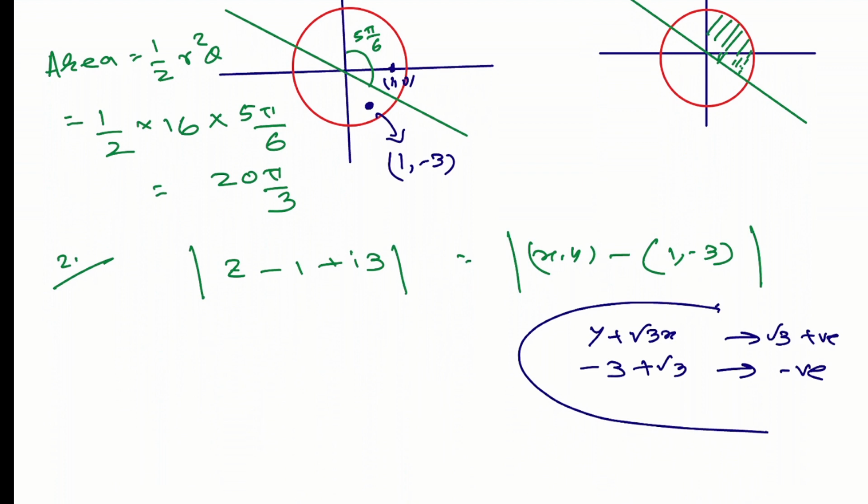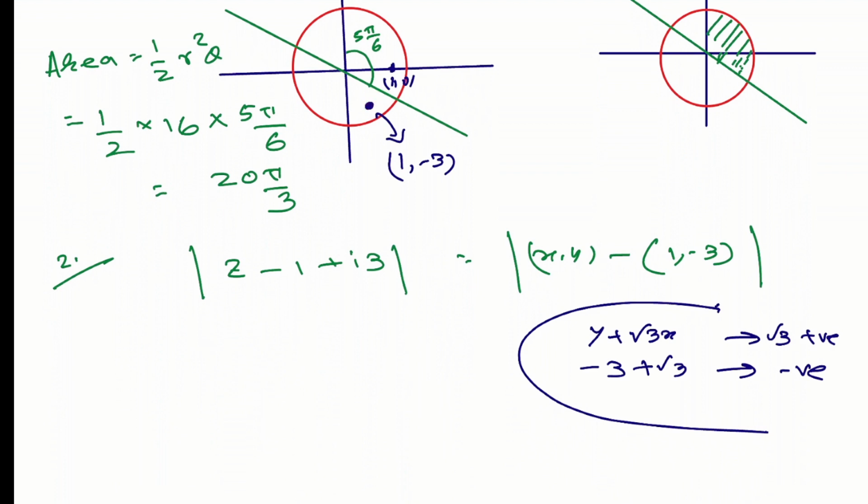Now we have to get the minimum value of this. It means we have to get the perpendicular distance from (1, minus 3) to the line. This is the minimum distance. That is our requirement, so let us solve it.